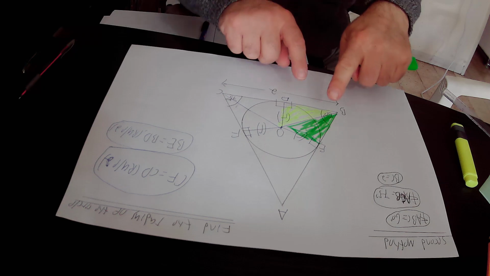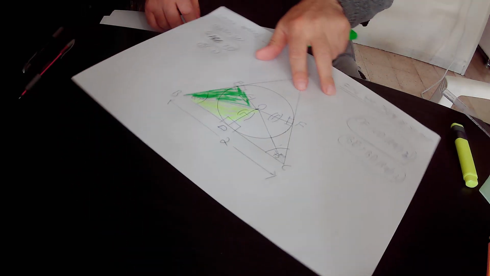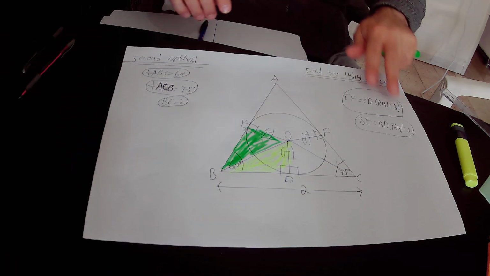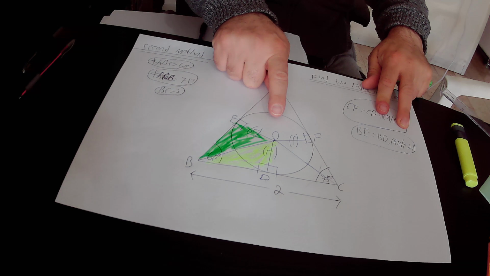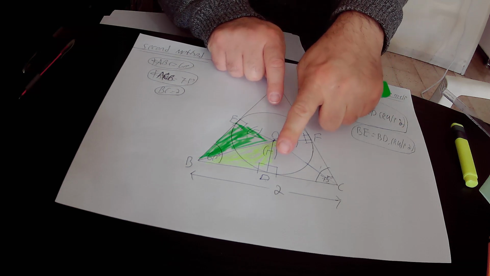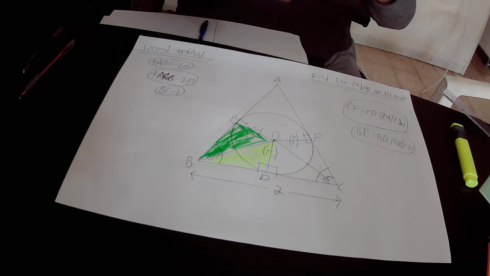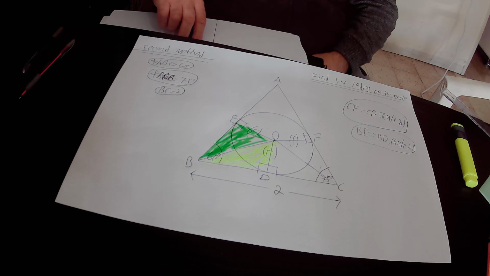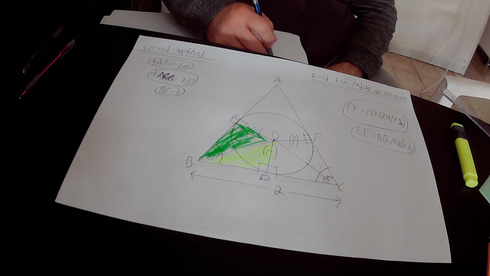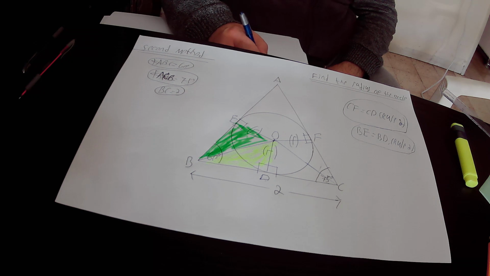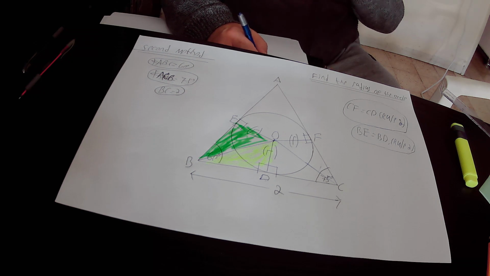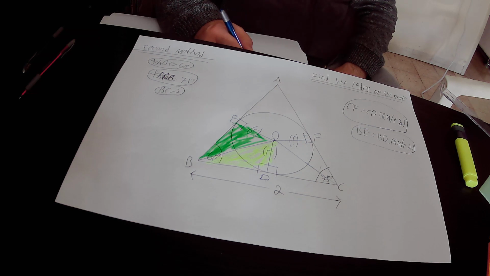So why are those two right triangles congruent to each other? First of all, side EO of the green triangle equals side OD of the yellow triangle. They are both the radii of the circle, therefore they are equal to each other.